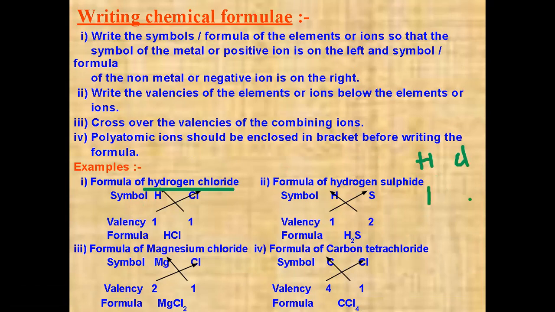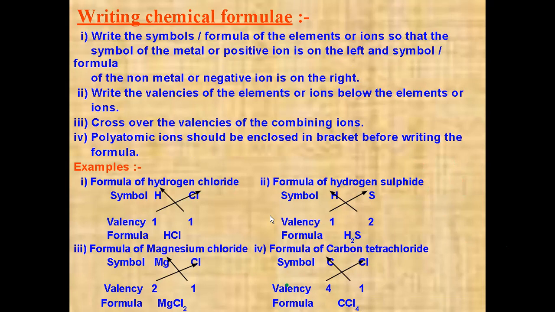Cl, that is chloride's, is 1. Now you will crisscross it in this way. So hydrogen will get this valency, that is 1. You don't have to write it. And Cl will get this valency. So this will be the formula. Very easy. Easy peasy, lemon squeezy.